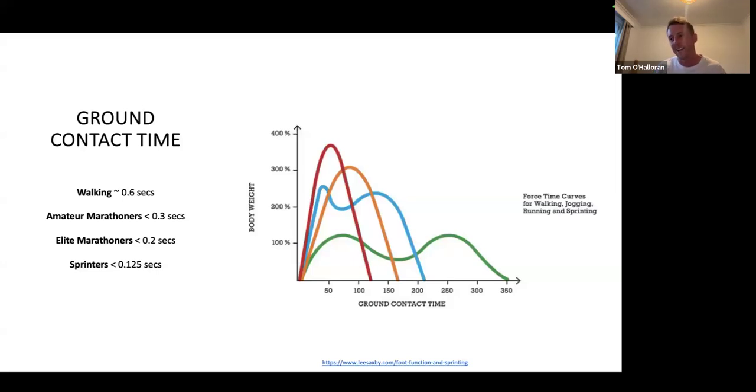So we need to be strong to push with force in this short time period, which determines that rate of force development. So I'm thinking, all right, we need to be able to absorb through the limb, we need to be off the ground quick, and we need to be able to apply force, which will determine our step or stride length in very short periods of time as we're moving through these different biomechanical demands.